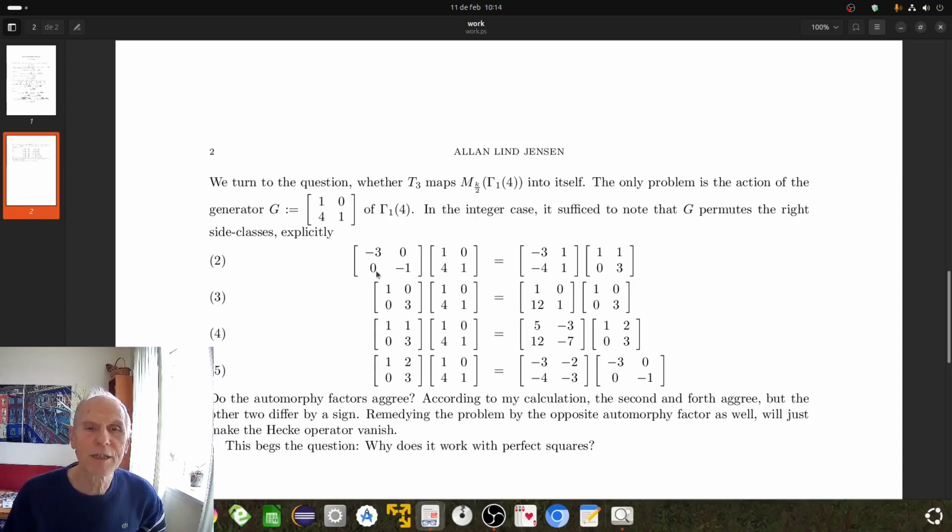So I explicitly found out how the right-hand side classes are permuted by this guy. So now it's not enough to know that they do, we have to find out how they do it. And then compute the automorphy factor of this and this.